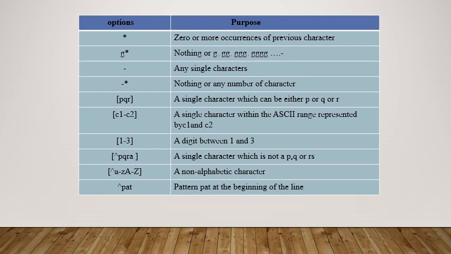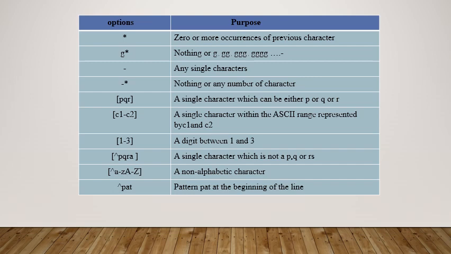Now pqr enclosed within a square bracket means a single character which can be either p or q or r. Next, c1 and c2, character 1 and character 2, enclosed within a square bracket, mean a single character within the ASCII range represented by c1 and c2.